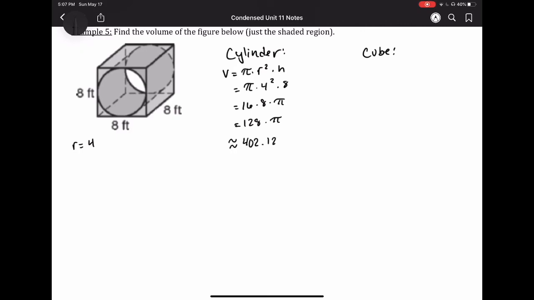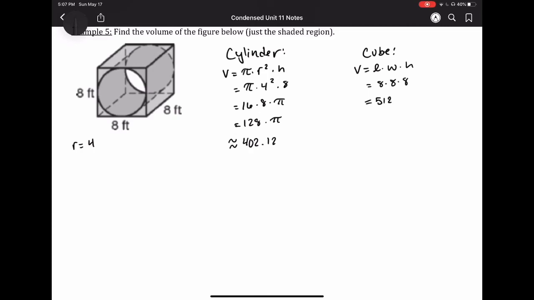Now I'm going to go ahead and find the volume of my cube, which is equal to length times width times height. It's a cube, so all of those things are 8. So I have 8 times 8 times 8, which is equal to 8 cubed. When I multiply that out, that gives me 512.